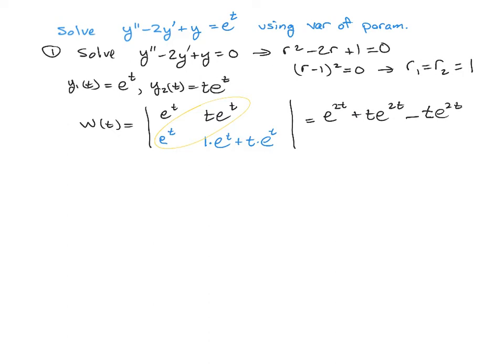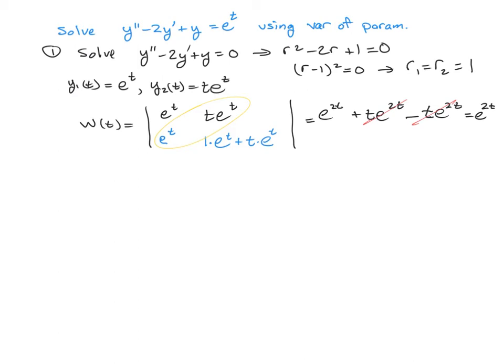And so those two terms do cancel out. So that's our keeper, twice, e to the 2t, and the second and third terms cancel out. All right, so again, our Wronskian is e to the 2t.